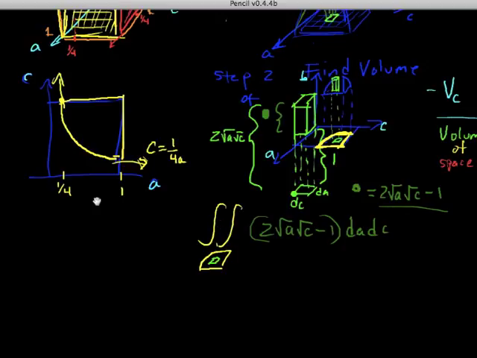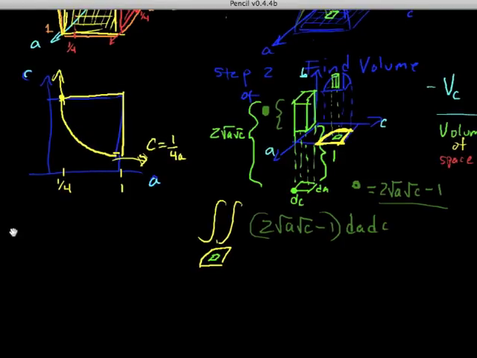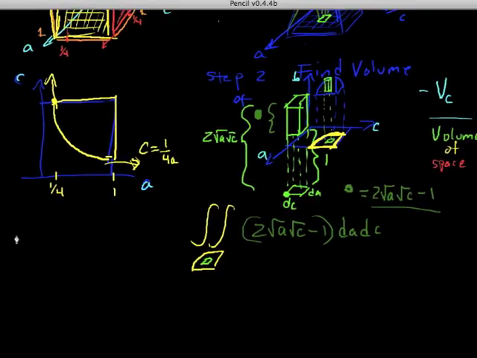So how do we set up our limits? A is going to vary from 1/4 to 1. I like cyan better. A goes from 1/4 to 1. And how does C range?